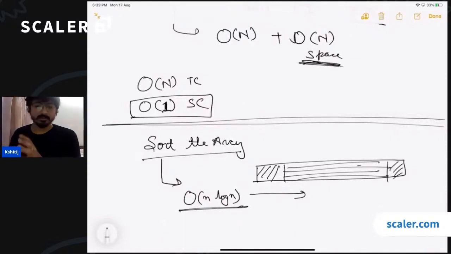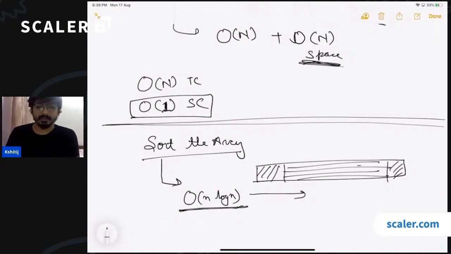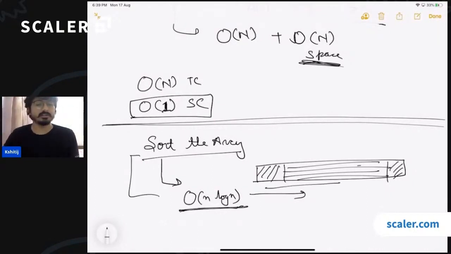If you are not sure about these sorting algorithms, we will be covering them in the upcoming classes, so don't worry about it. If you are already familiar with sorting algorithms, then you can sort this array, and then iterate over the array and count the occurrences of all the distinct elements. In that case, the time complexity is n log n, which is greater than order n. So this is again not an optimal approach.